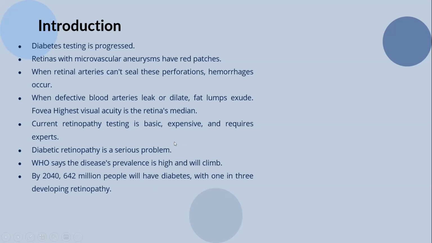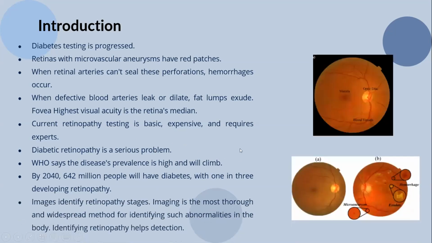Because I have a specific time, I will pass some slides. Here in the introduction, we have two images of the human retina. These images contain other types of illness of diabetic retinopathy.